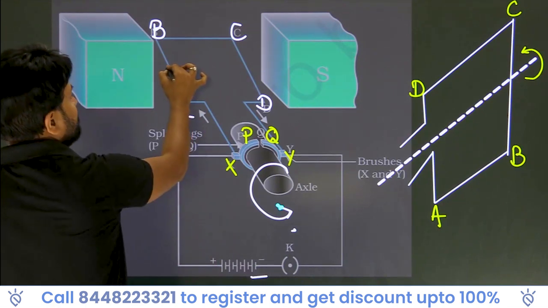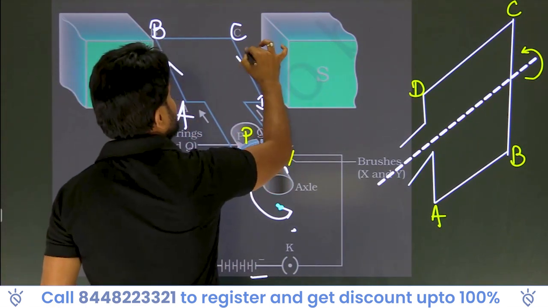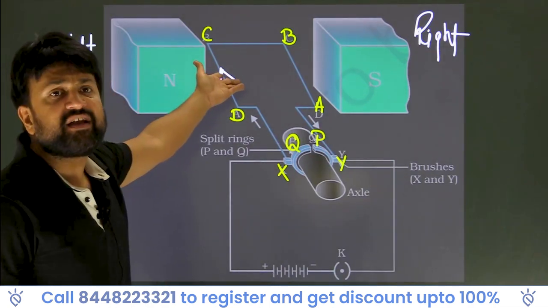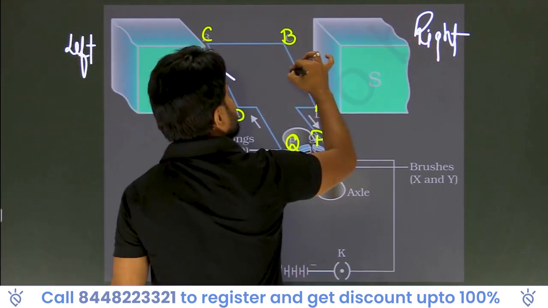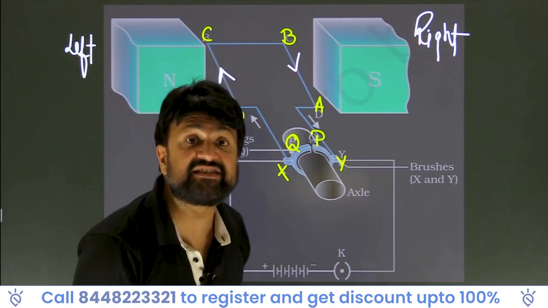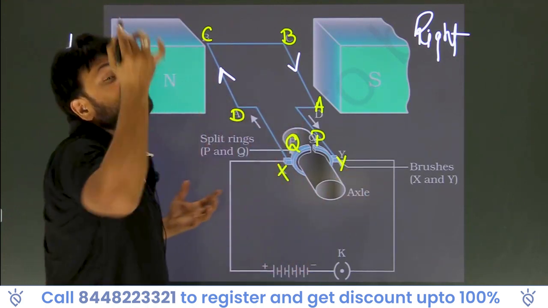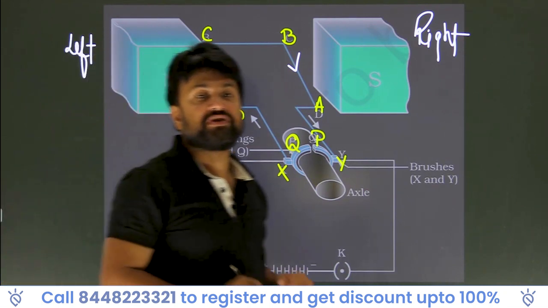Initially the current is flowing in the left hand side, in CD, in this direction. After the half rotation, the current direction on the left hand side remains the same, and on the right hand side remains the same, but the direction of flow of current in the arm changes.